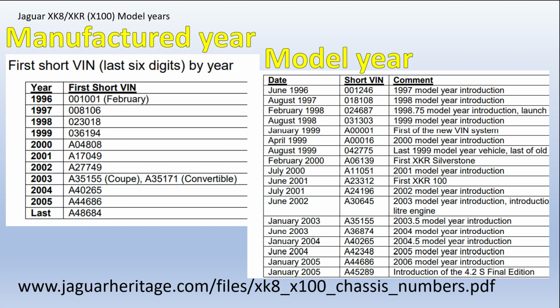Thankfully, Jaguar Heritage have documented all the VIN numbers for all the manufacturing years and the model years, and you can see this information in these two tables here. If you want to see the data, please go to www.jaguarheritage.com, link at the bottom.